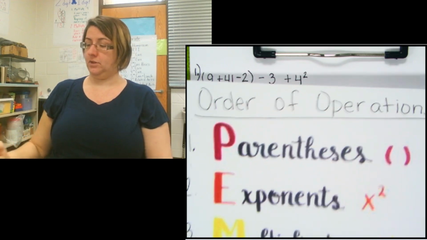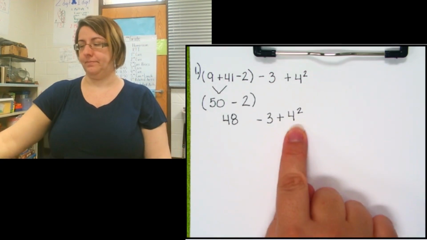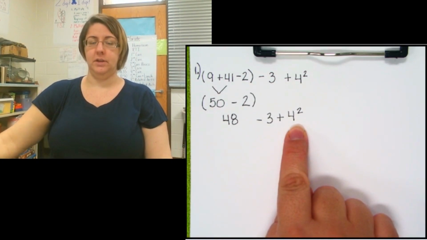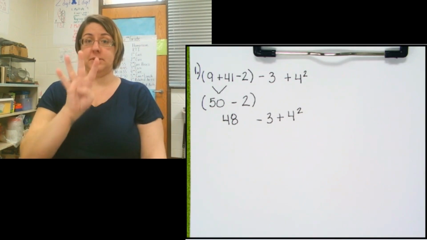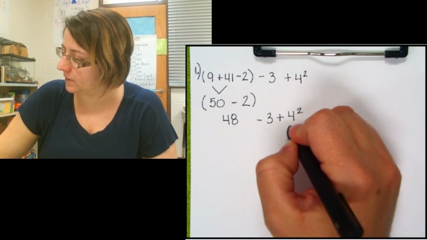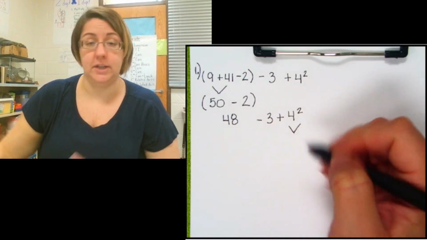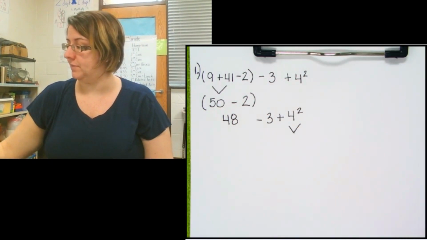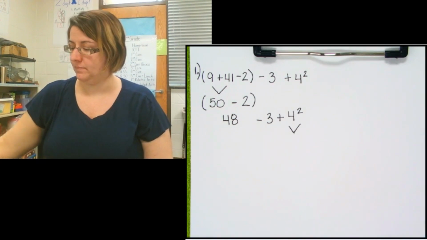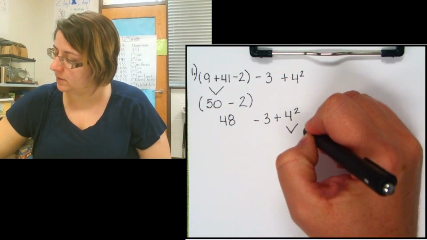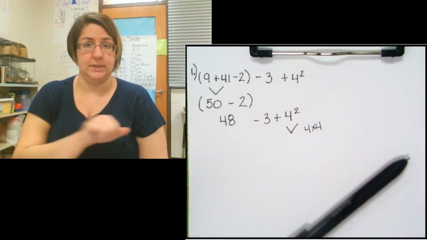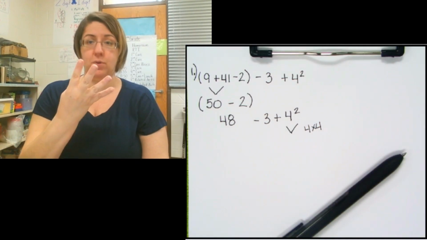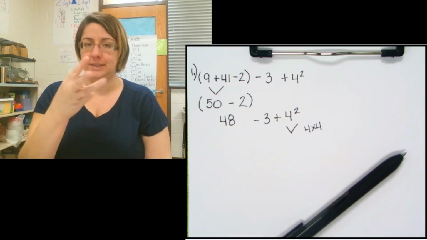Do we have that? We do. So 4 to the second is same as 4 times 4, which is what? 4 times 4 equals 16.